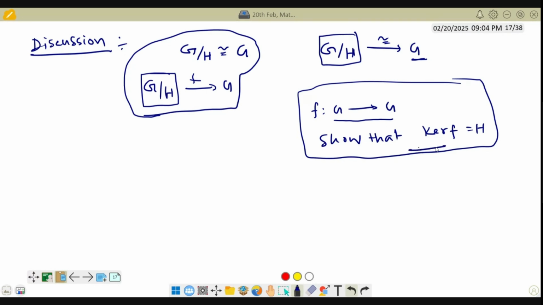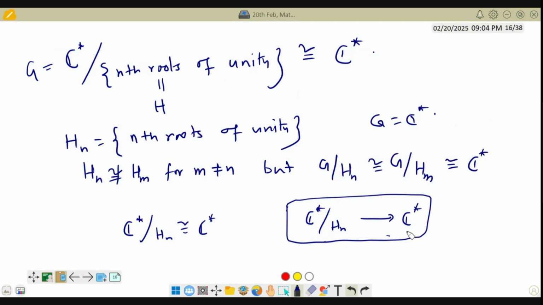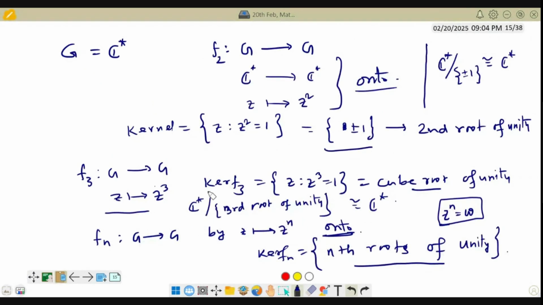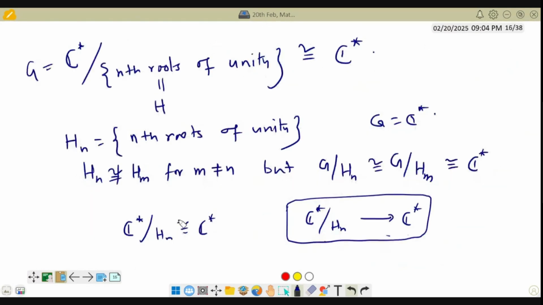Show that the map is onto and that the kernel of F is H. That's the easiest way. You can define the map from the quotient surely, but that's difficult. That's why I took the map from C star to C star, showed the kernel, and onto-ness. Not a big problem.